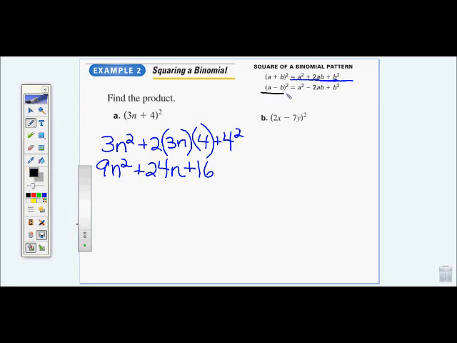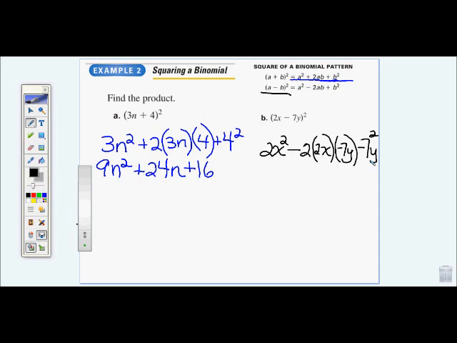This time, I'm going to use the difference, squaring the difference. Again, I'm going to get a squared, which would be 2x squared, minus 2. My a is 2x, and my b is a negative 7y, and then that's going to be times 7 squared. Oh, I forgot my y in there, didn't I? 7y squared.